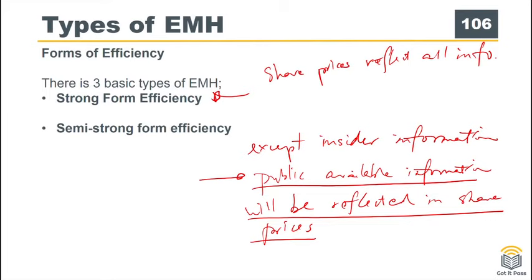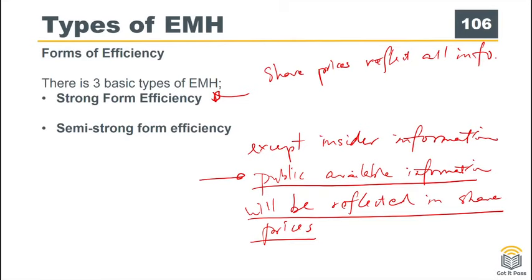So for example, if insiders obtain information that they know will be good for the share price in the future when it goes public, then they can, for example, buy the shares in advance in order to make profits later.